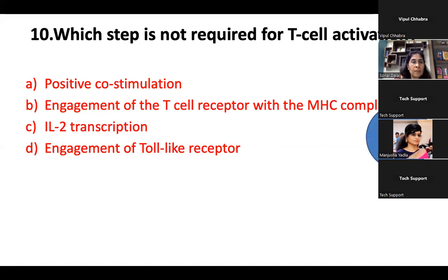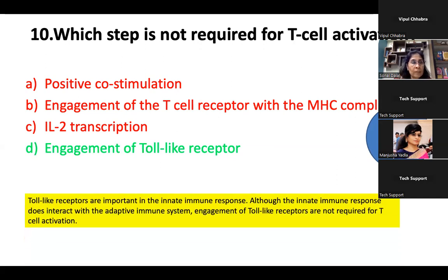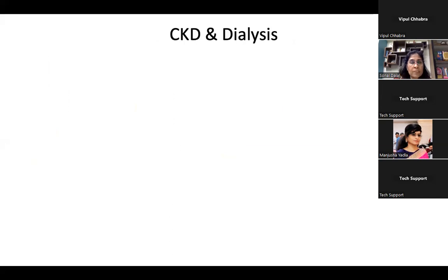Time is up. The correct answer is option D, engagement of Toll-like receptors, which is not required for T cell activation. So with this, we are at the end of our first round, that is of basic sciences.